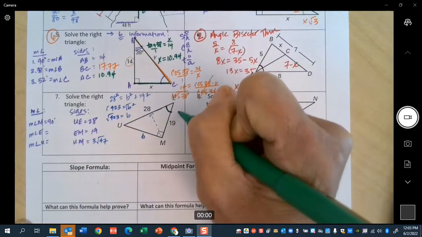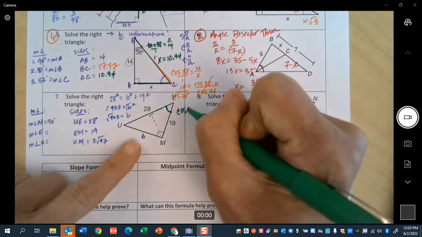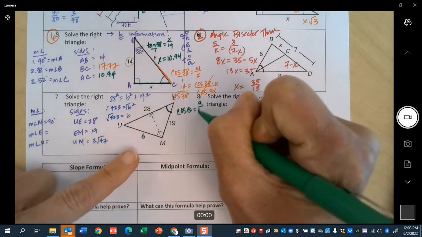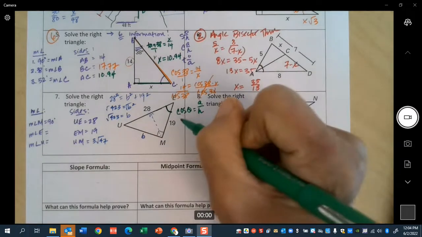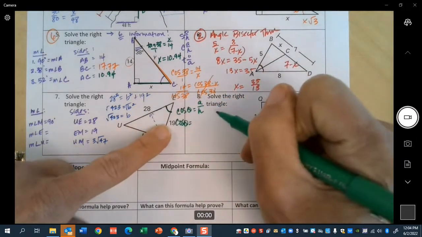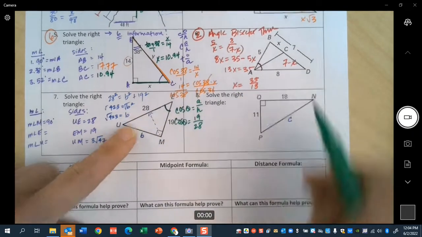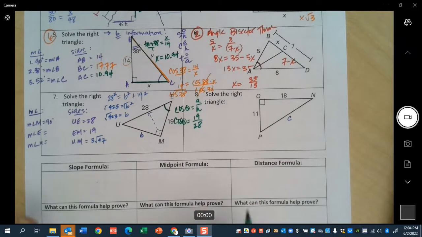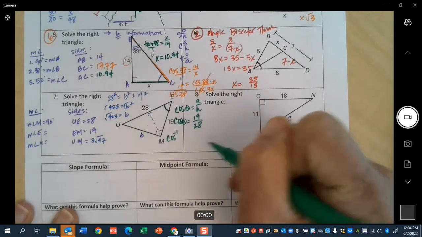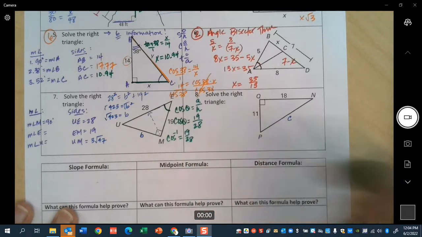That's going to be cosine. So the cosine of my angle is going to be equal to the ratio of my adjacent compared to my hypotenuse. So the cosine of theta is going to be equal to my adjacent, which is 19, compared to my hypotenuse, which is 28. So I'm going to take the inverse. I would like the angle whose cosine is 19/28.